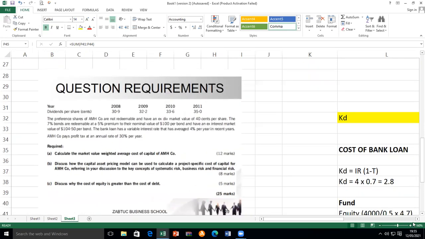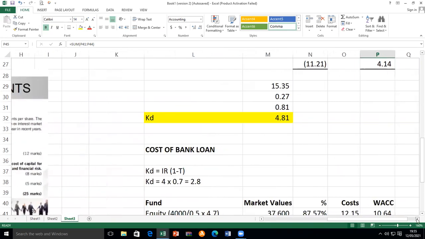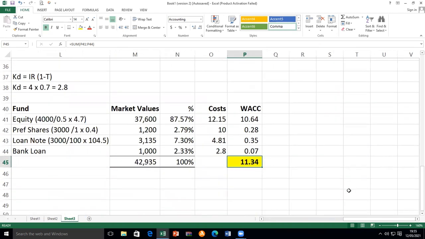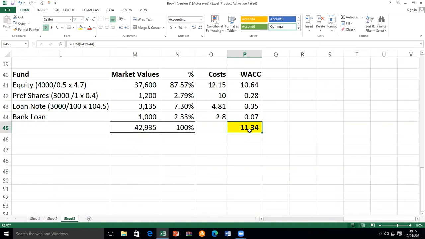We need to recalculate this figure here. If the new project is going to present a different level of business and financial risks, this figure should be recalculated or re-estimated.